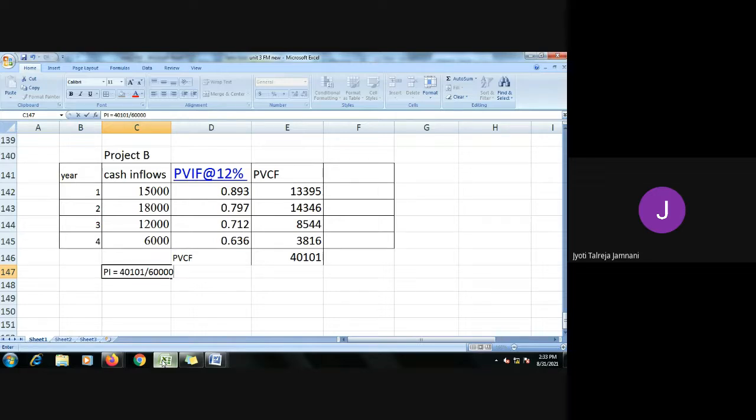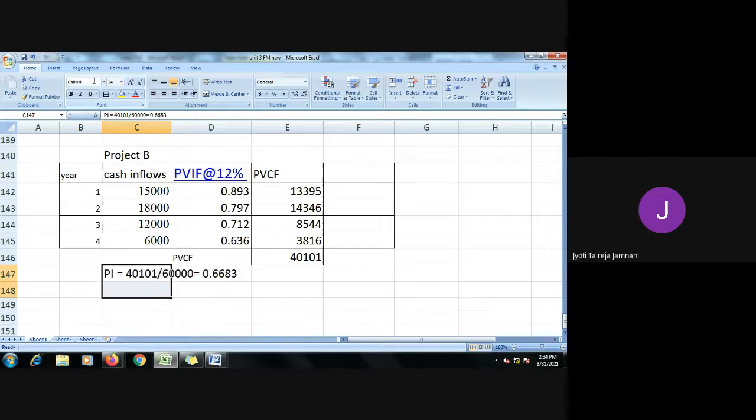So 40,101 divided by 60,000 is 0.6683, which is again less than 1. Therefore, we need to reject the project. So here we say as PI is less than 1, we reject the project.